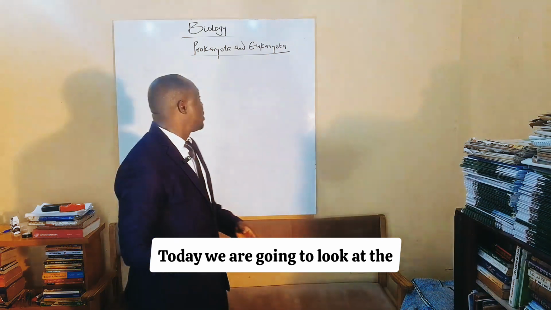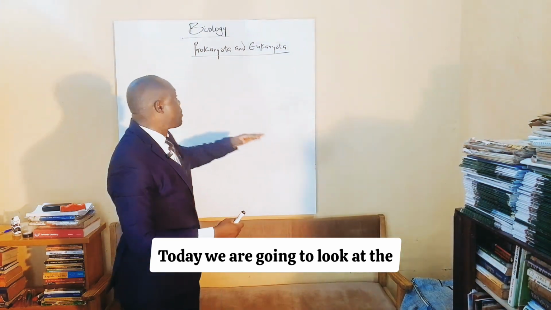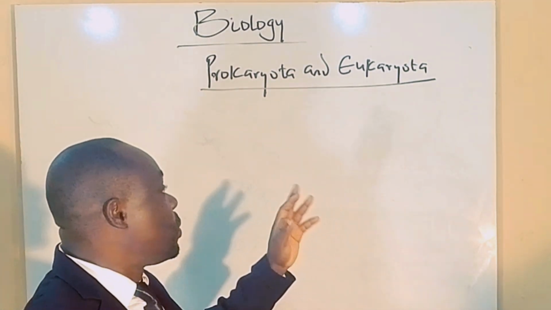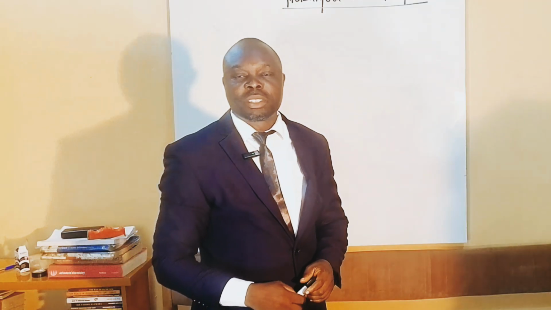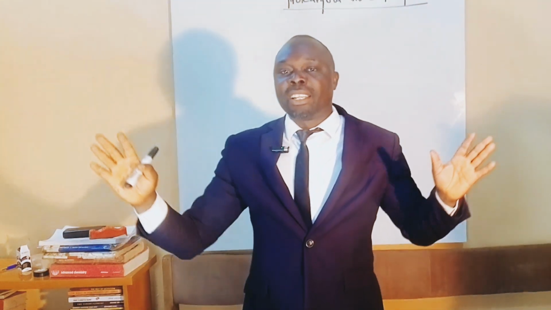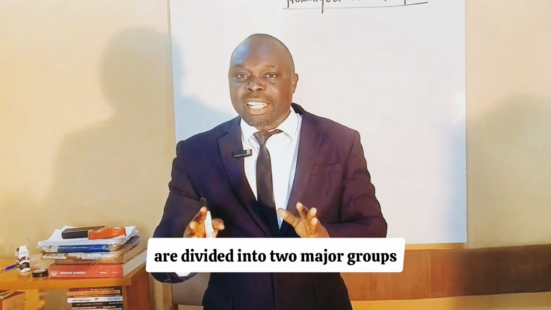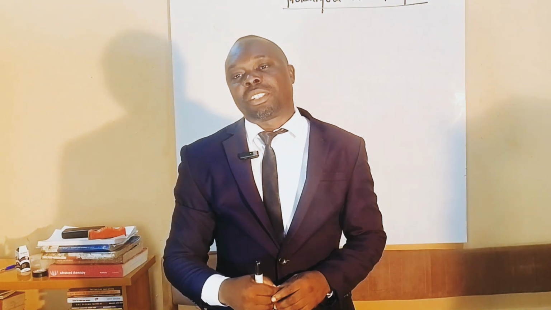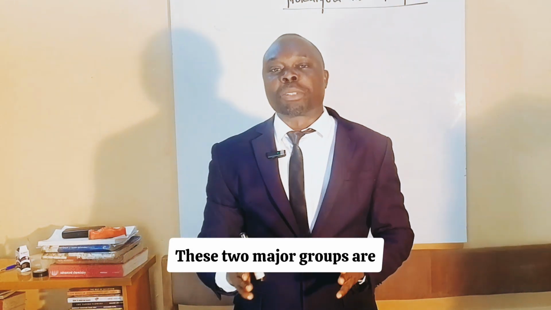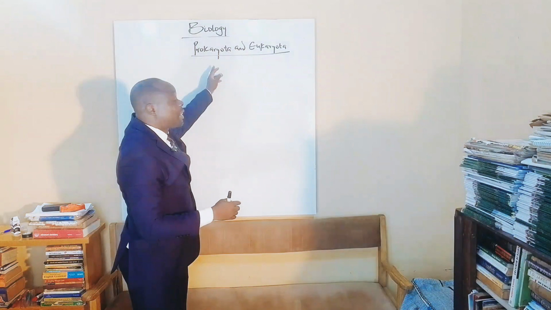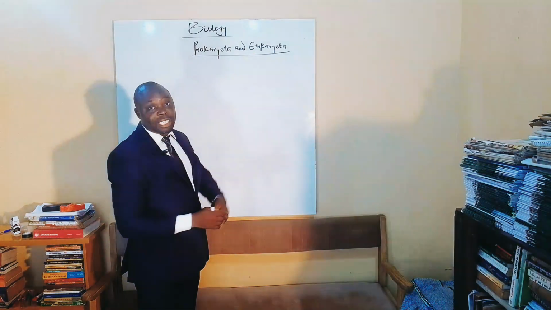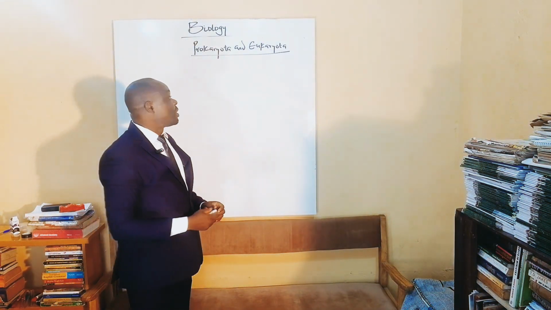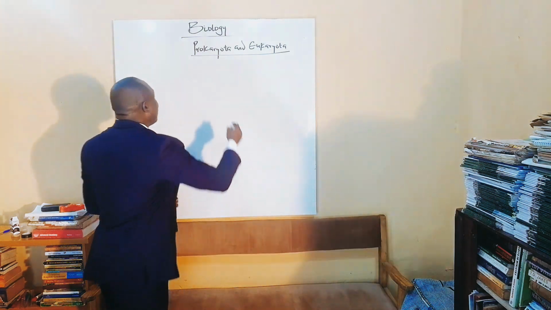Today, we are going to look at the prokaryote and the eukaryote. Broadly, living organisms are divided into 2 major groups. These 2 major groups are the prokaryote and the eukaryote. So let's have a look at the prokaryote.